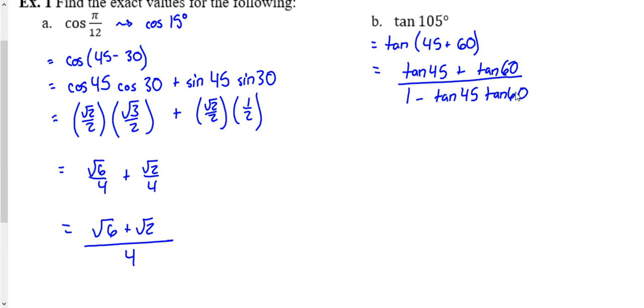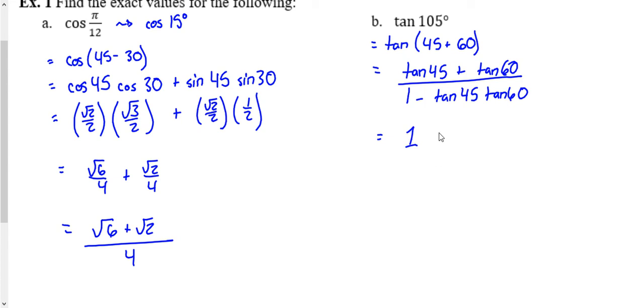All right. From here, we want to evaluate as many of these as possible. So here we go, tan 45. At 45 degrees, it's root 2 over 2, root 2 over 2. Tan is always sine divided by cos, so tangent at 45 is just going to become 1. You're going to add on tan of 60.